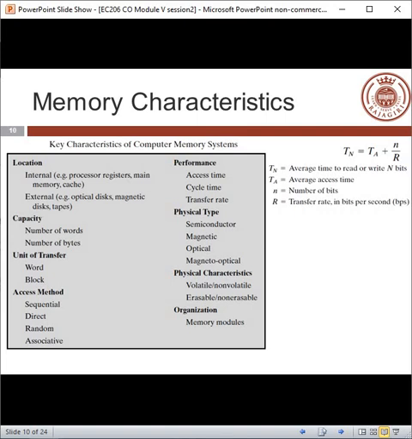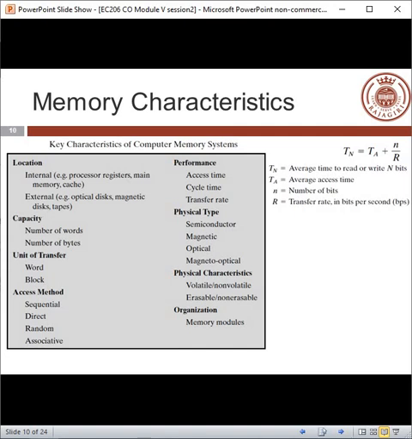And the next characteristic is physical characteristics. Our memory can be either volatile or non-volatile, and erasable or non-erasable. Volatile means that if we remove the power, the data will be lost. That is called volatile memory. Non-volatile memory means even if we remove the power, our data will be retained.